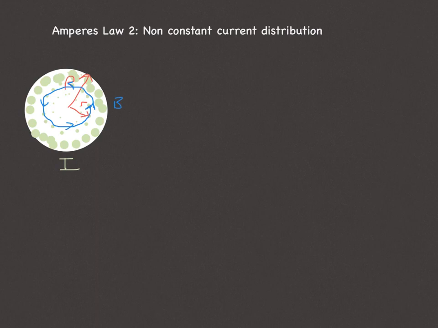All right, so for this one, the current density, which is J, is going to be given by a constant times r squared. So as we move farther out in that wire, the current density increases as a squared function.